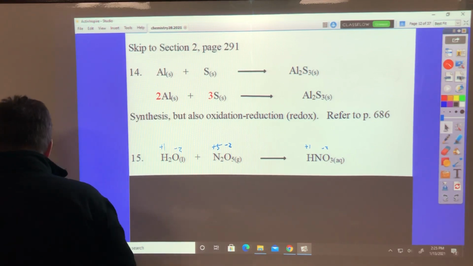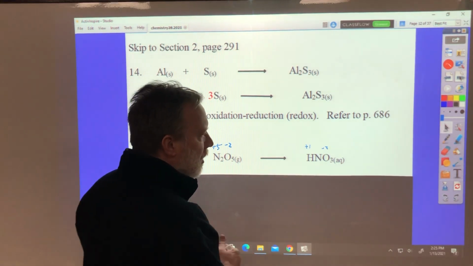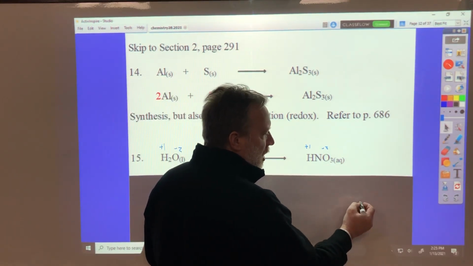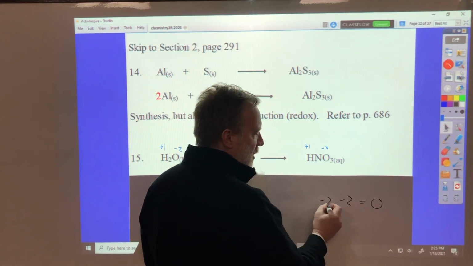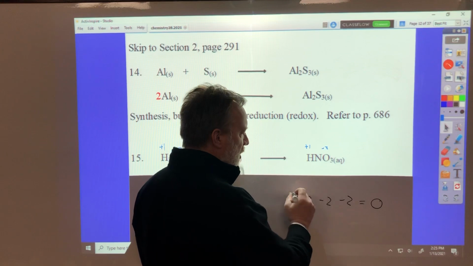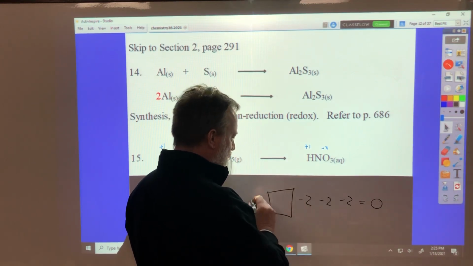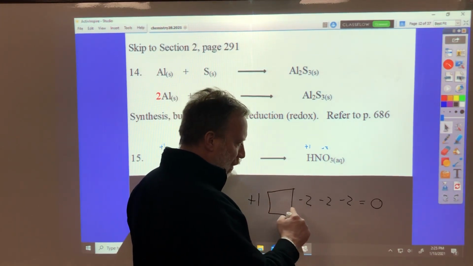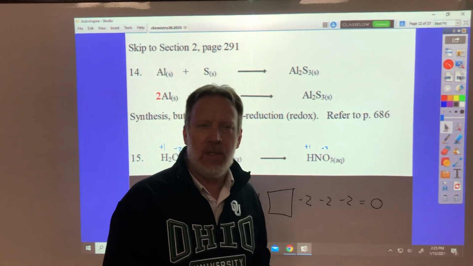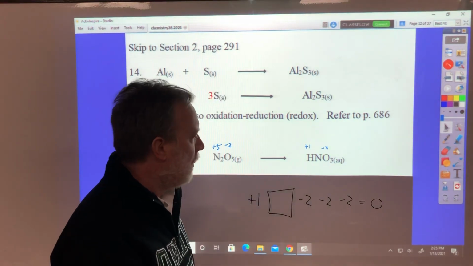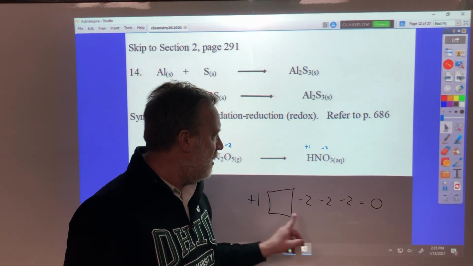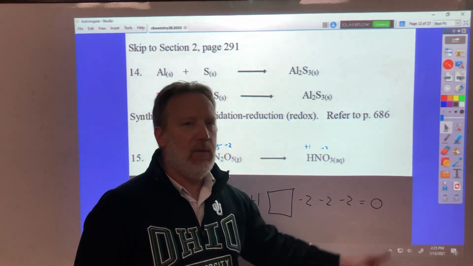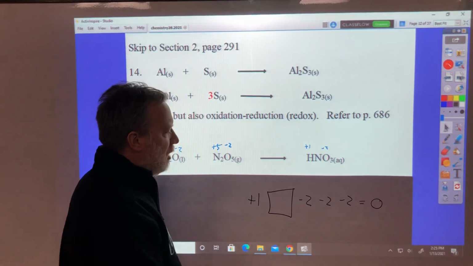It equals 0 because it's a compound: -2, -2, -2, something for the nitrogen, and +1. I don't understand. Yes, you do. Hydrogen's +1, oxygen's -2 each, nitrogen's what? That adds up to give you 0. This is +5 again.